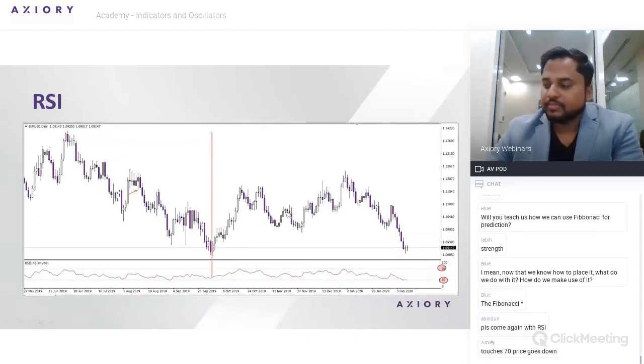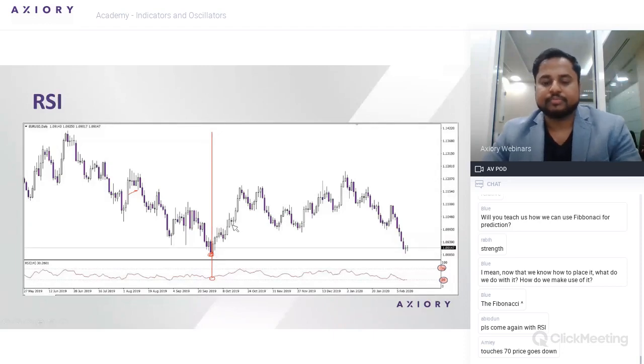You see here, the price touches the 30 area and it is on a bottom. The price went up. See again here, the price touches 30.